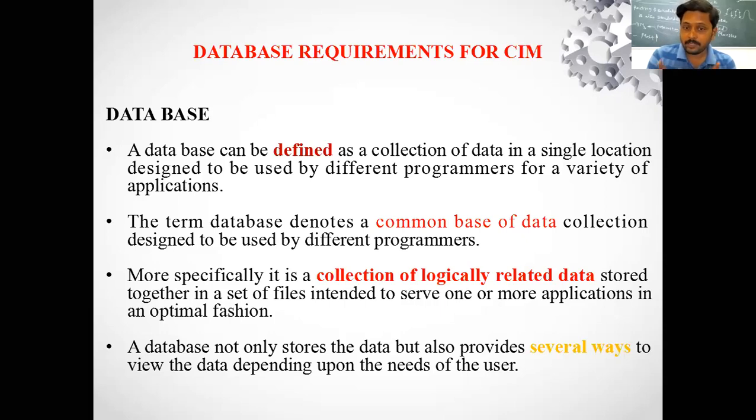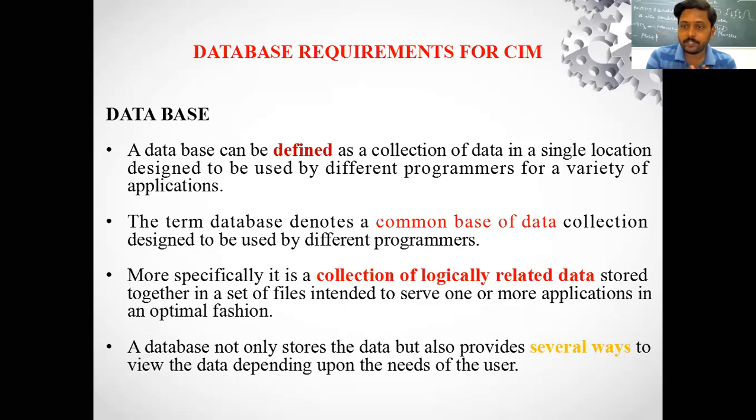For this type of programmers, there will be a requirement of a variety of applications, because since CIM is to be implemented, your objective is to make the production process efficient. You have the objective of improving the existing product and improving the efficiency.